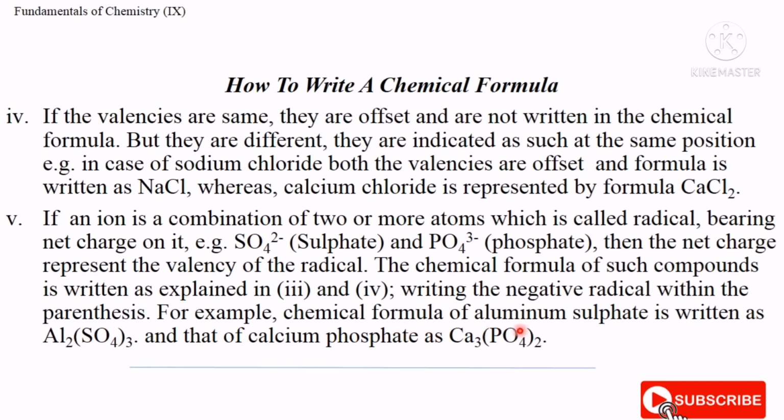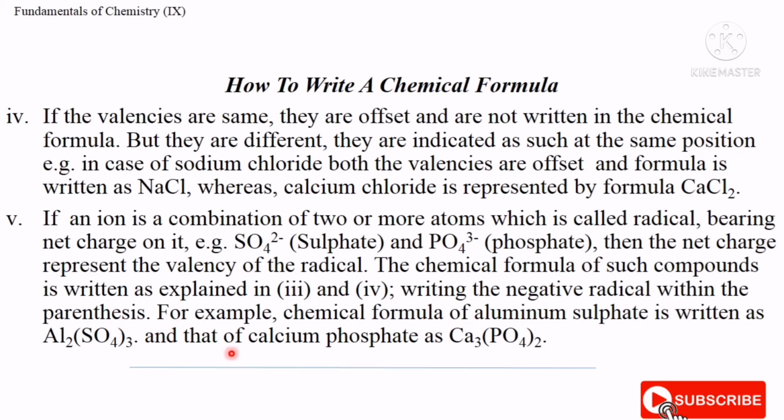For example, chemical formula of aluminum sulfate is written as Al2(SO4)3, as we know that aluminum has the valency 3 and the sulfate has the valency 2. So we cross exchange the values of valencies, and we get Al2(SO4)3 in the way that the negative radical should be within the parentheses.